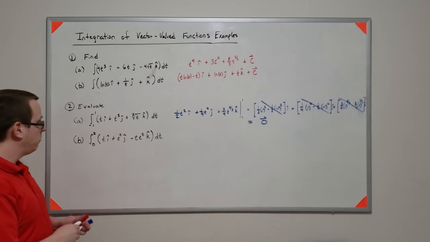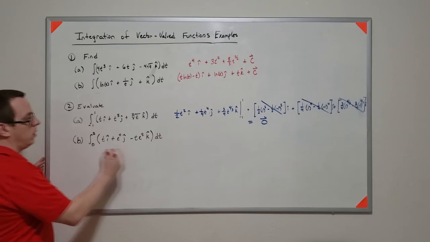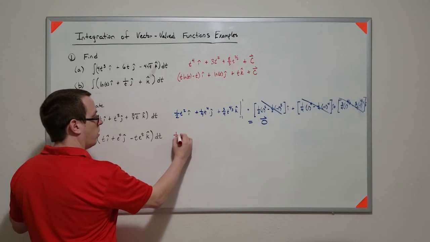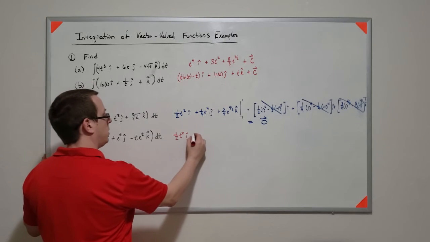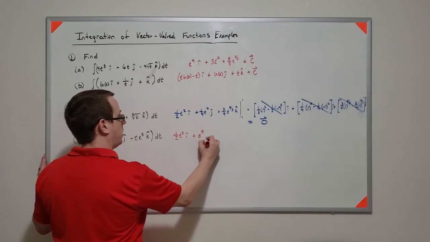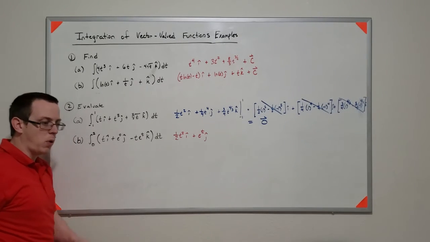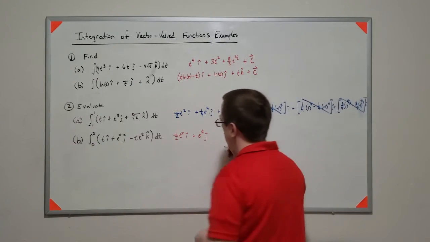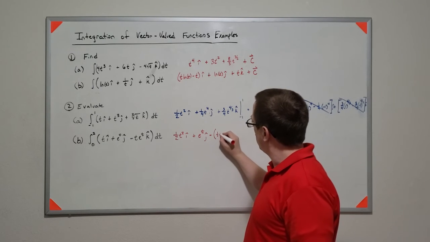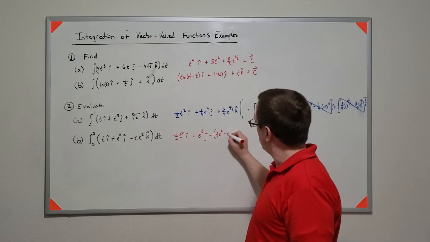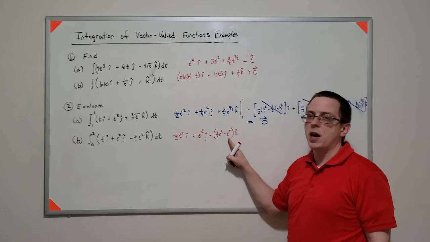So the antiderivative here is 1/2 t squared, i. The antiderivative here is e to the t. And the antiderivative here, again, this is another integration by parts. You may not remember this. t e to the t minus e to the t.